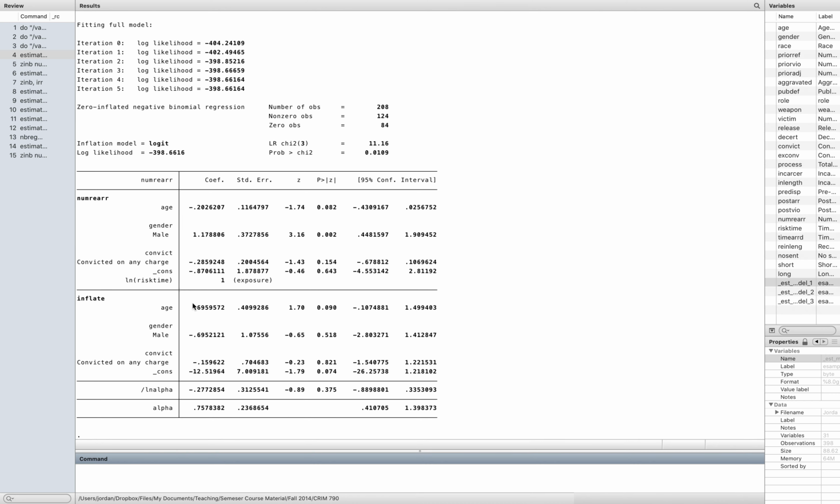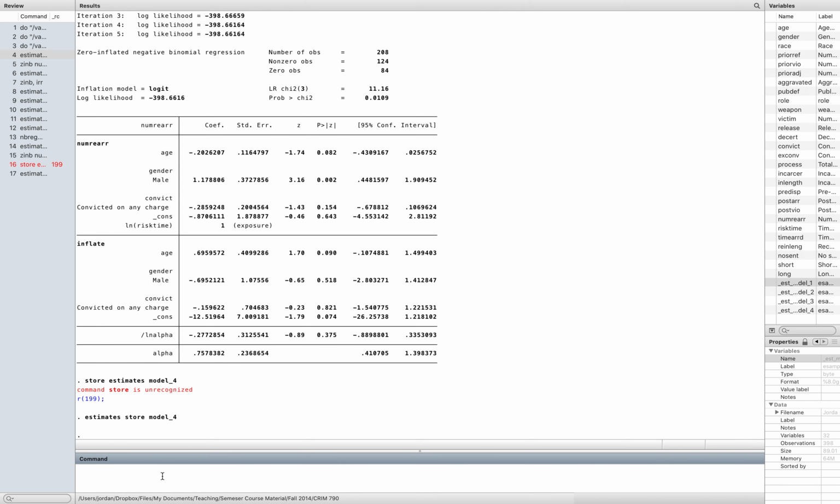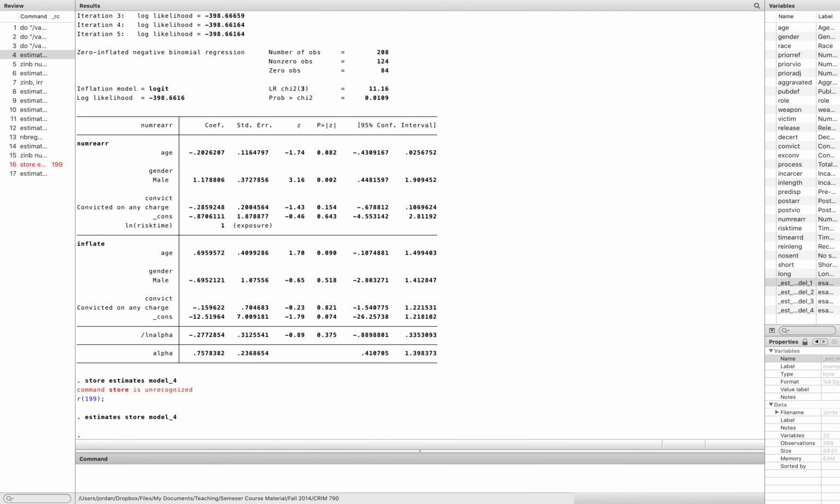You'll see the logit model to predict certain zeros. We're going to store these estimates as model 4. Oh, my bad. Estimate store model 4. Backwards. Oops. So I'm going to store those.